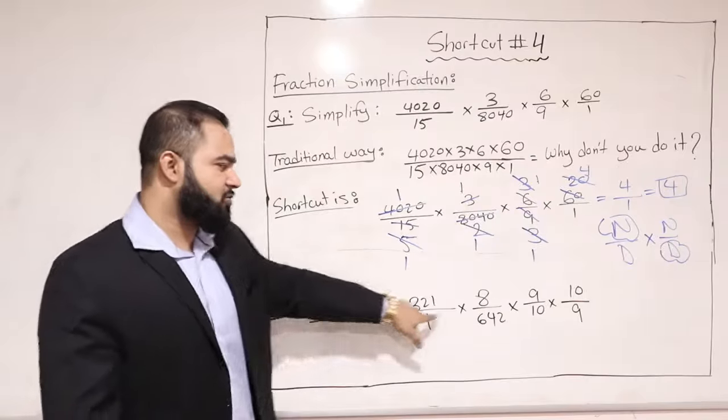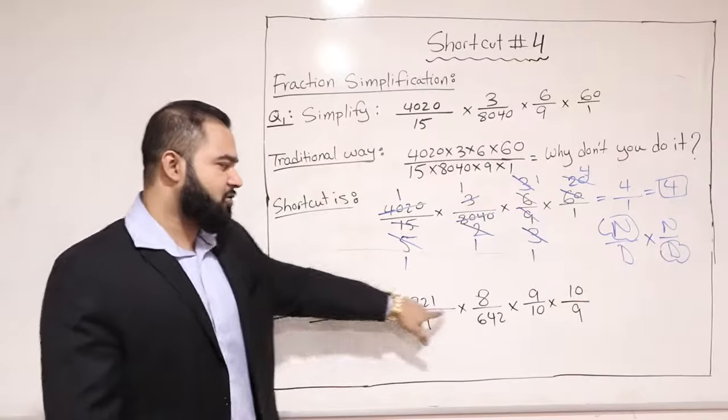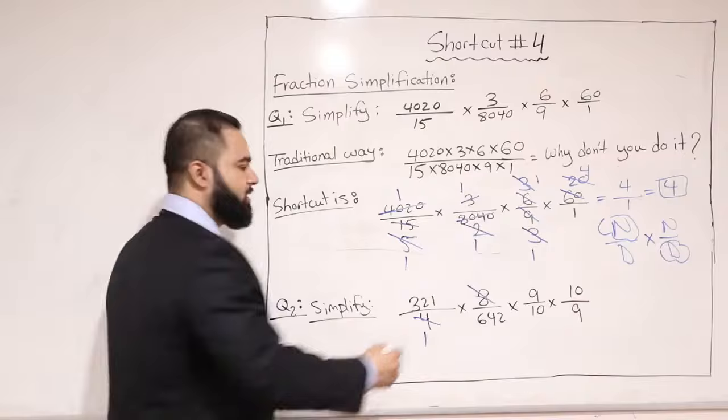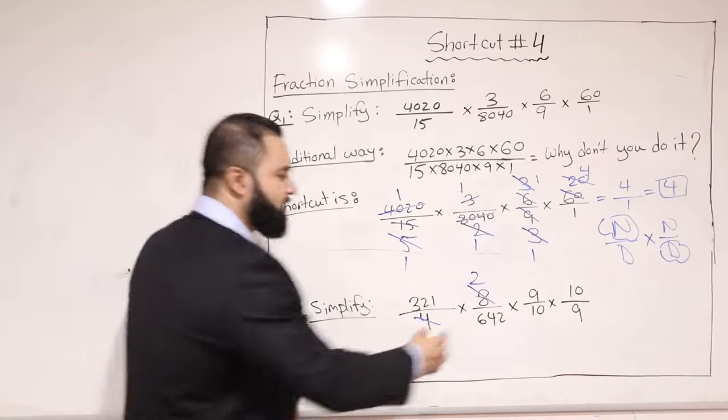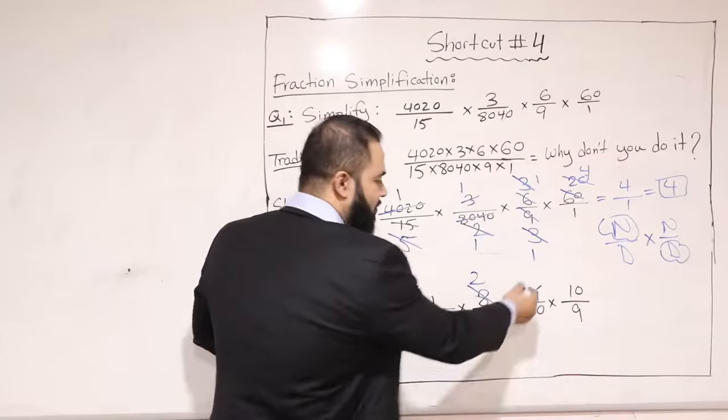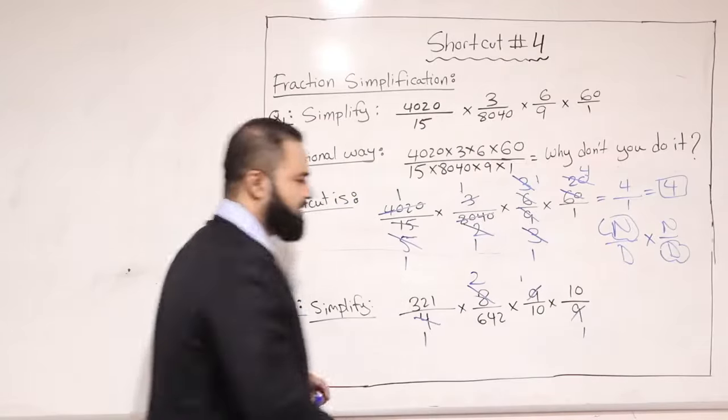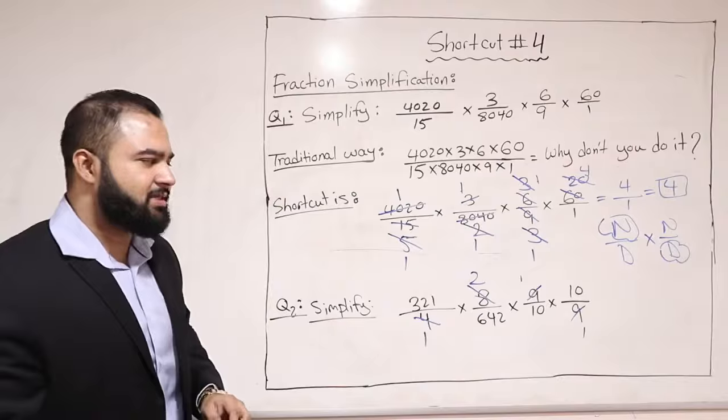Well, let's see if we can do cross simplification between 4 and 8. Look, we can divide both 4 and 8 by 4. 4 divided by 4 is what, guys? 1. 8 divided by 4 is 2. Well, let's see. Hey, we can divide 9 by 9, we get 1. 9 by 9, we get 1. Can we cross simplify anything else?